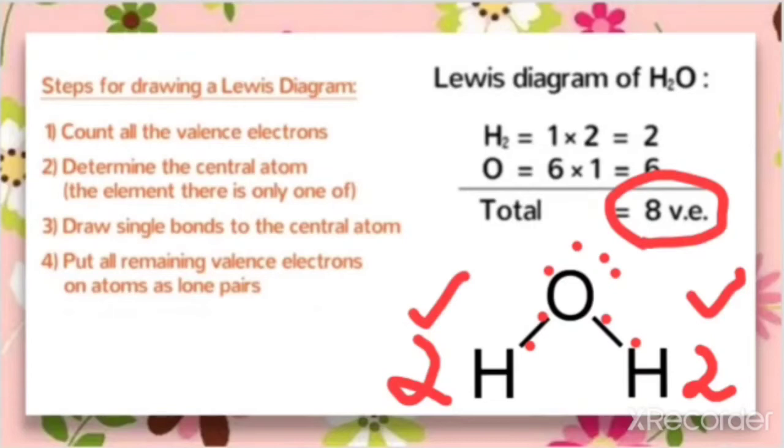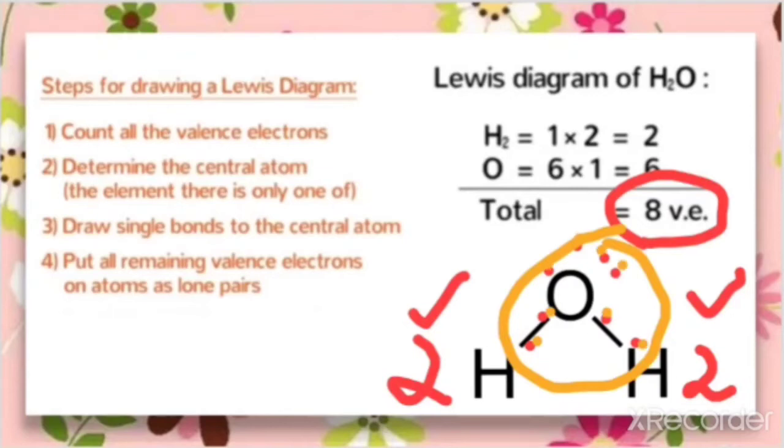So the 2 hydrogen atoms are satisfied because they are getting 2 electrons. What about the oxygen atom? When you count the electrons surrounding the oxygen atom, there are 8 electrons: 1, 2, 3, 4, 5, 6, 7, 8.